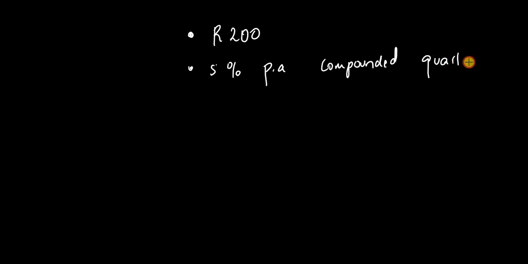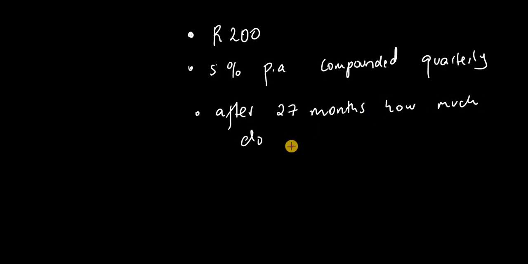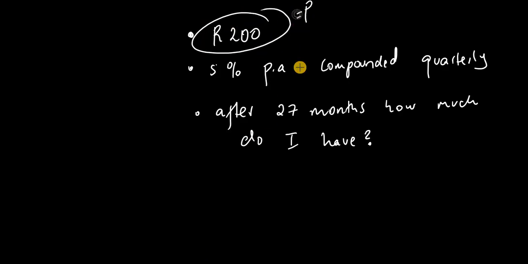How much will I have after 27 months? If the interest is 5% per annum compounded quarterly, the principal amount, don't worry, I'm going to give you that. This is your P. I just want to know what is the final amount.